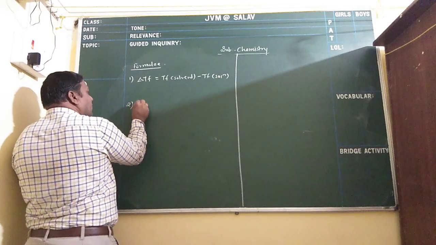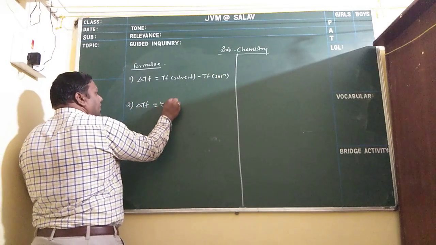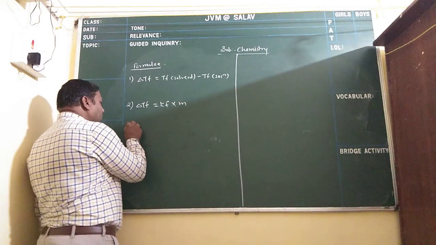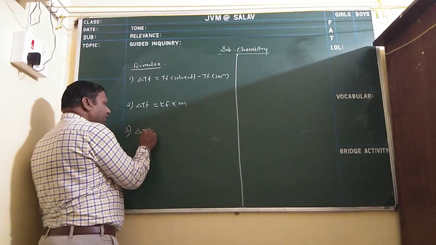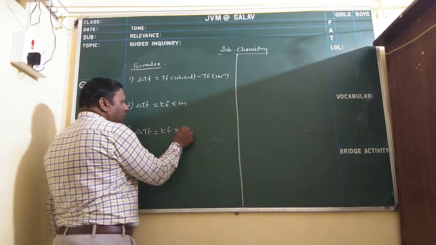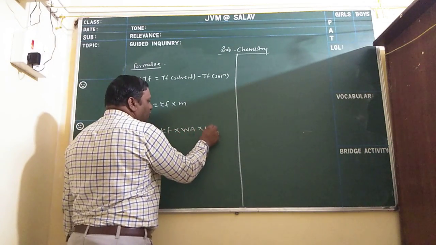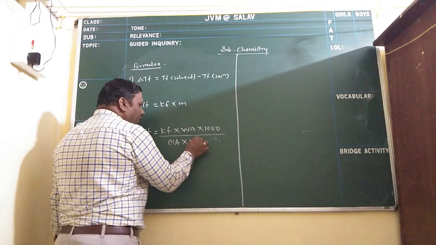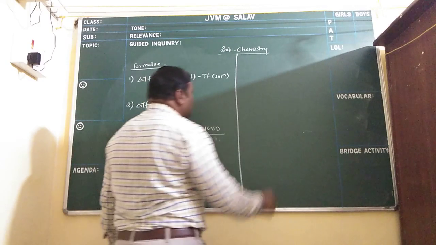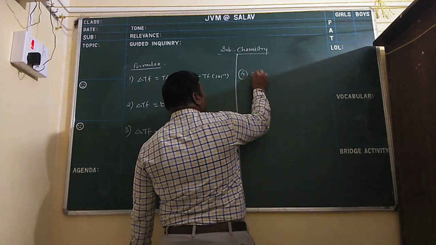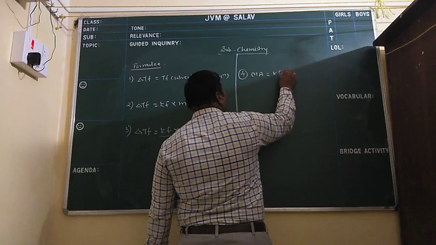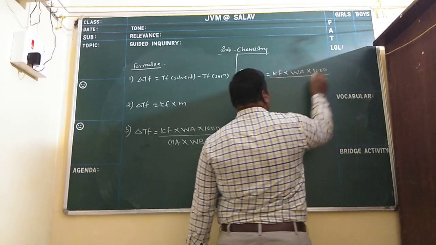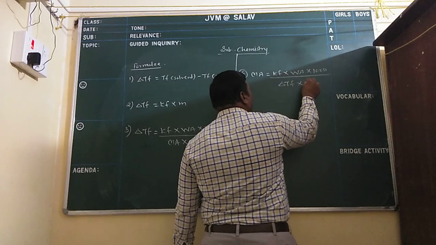The second one is del TF equal to Kf into m. The third one is del TF equal to Kf into WA into 1000 upon MA into WB. Now the fourth is MA equal to Kf into WA into 1000 upon del TF into WB.